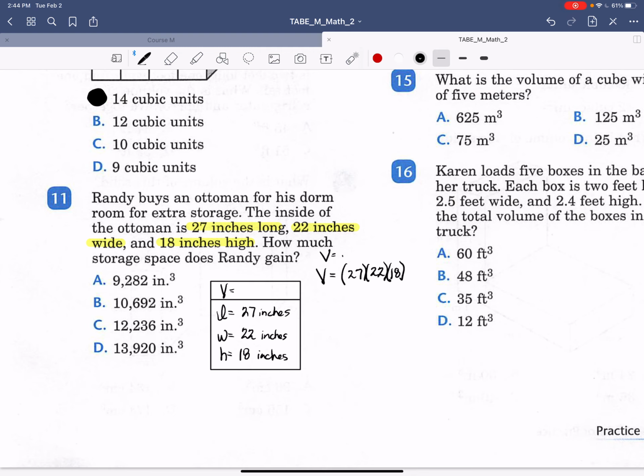That is length times width times height. And let your calculator do the work. If you have it, make use of it. And that is going to be a lot. 10,692 cubic inches of storage space. So I like B for that one.